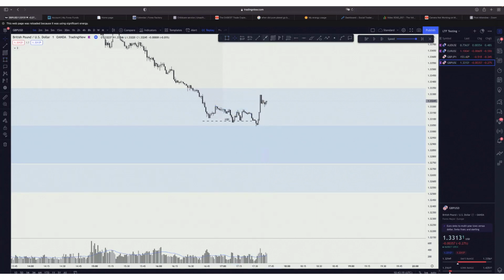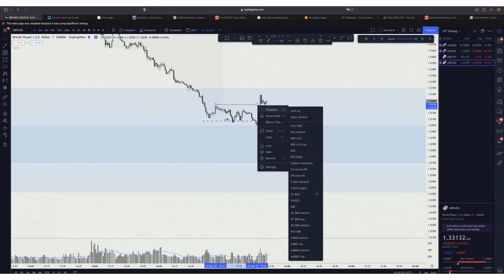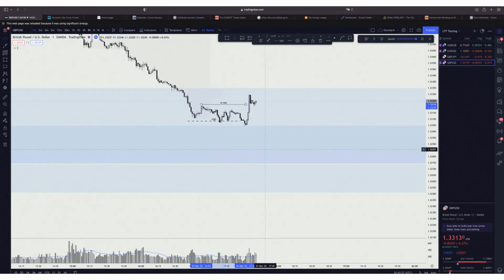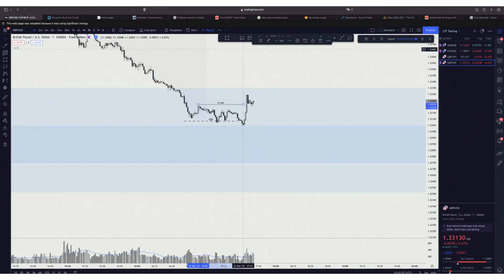Let's just mark it with this one. So potentially could look at this candle. It's a very high volume push up, but then we've got high volume here as well.